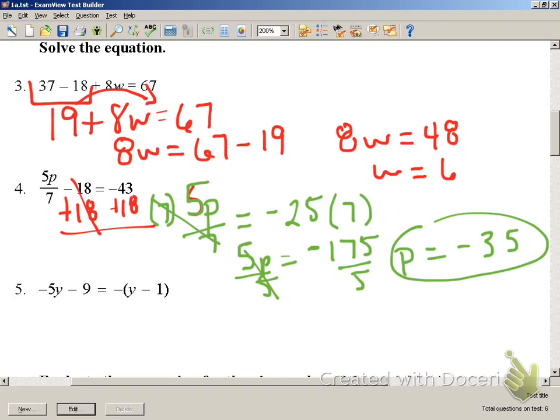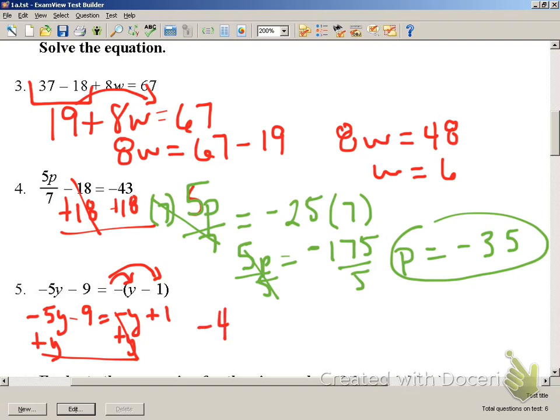Number 5 says a negative 5y minus 9 equals a negative y minus 1. We need to distribute the negative. So we have negative 5y minus 9 equals a negative y plus 1. All it does is change the signs. We have variables on both sides. We need to get those together. If I add y, it'll cancel here.